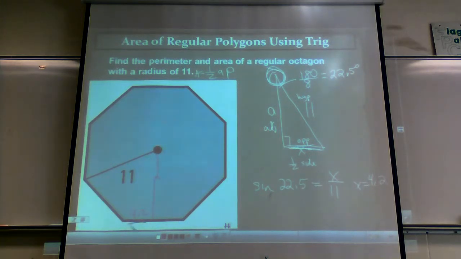So that part's 4.2, which means that part's 4.2, which means the entire side is how long? 8.4. Okay? Which means now that I have the side length, can I find the perimeter? Yeah. So the perimeter here would be 8.4 times 8, which is how much?